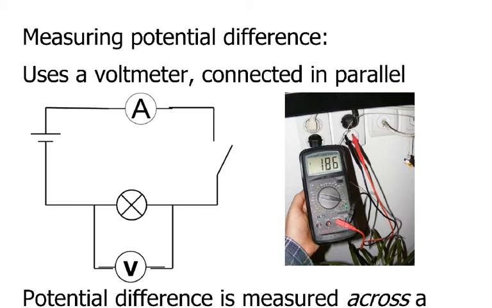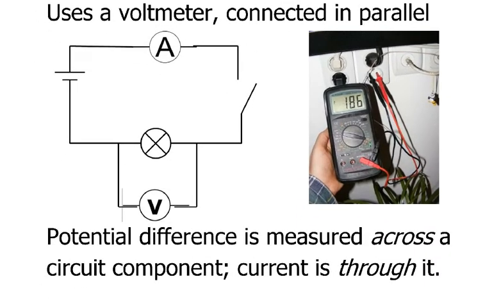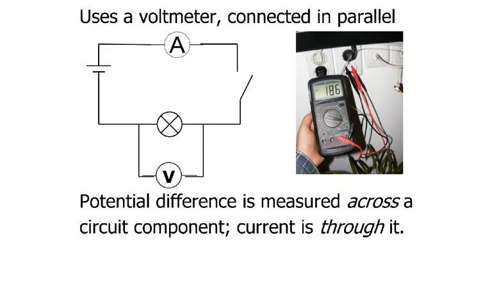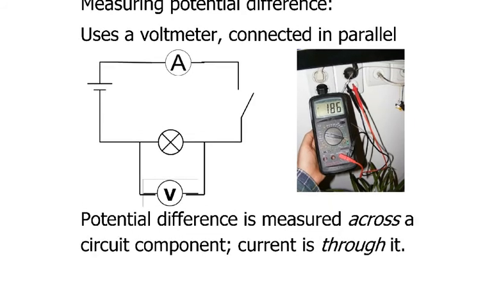So how do you measure potential difference? Well, you have to connect a measuring device in parallel to whatever it is that you're trying to measure. So it's measured across. The vocabulary might help you here if you're familiar with your prepositions. It's measured across a component.